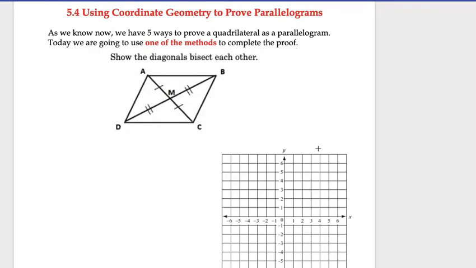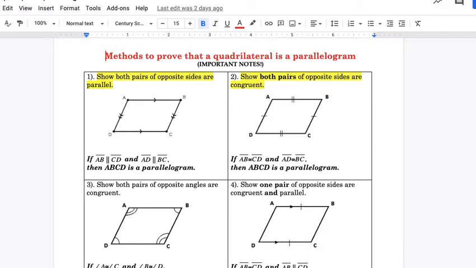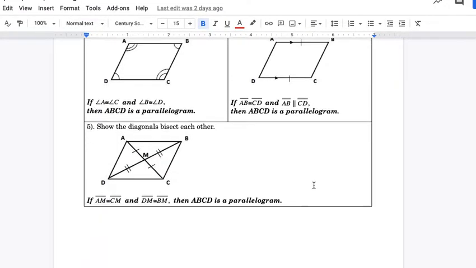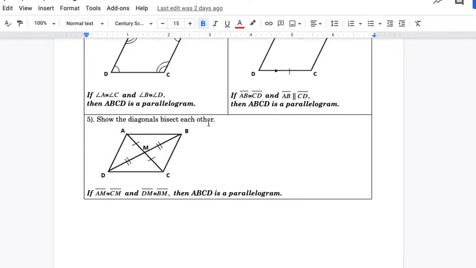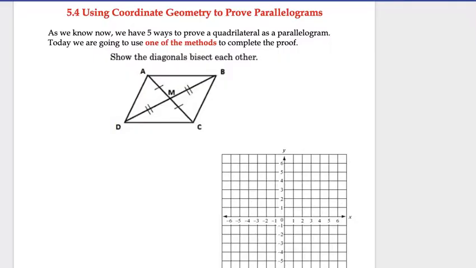So today I want to discuss the last method. In this document, the last method says show diagonals bisect each other. So we are going to discuss what kind of formula we can use to prove the diagonals bisect each other.